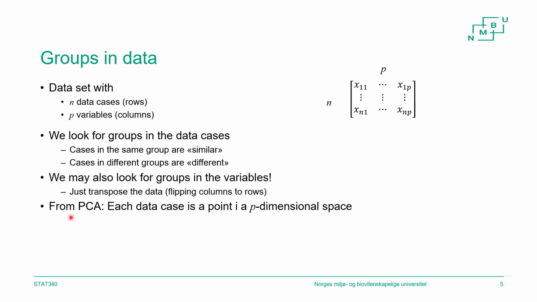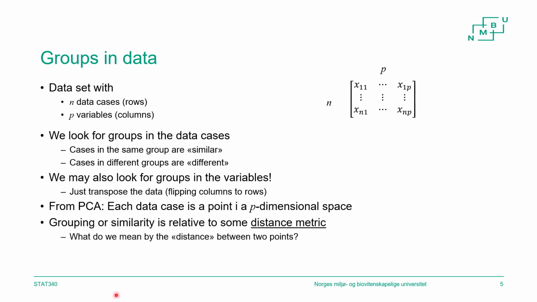We remember when we talked about PCA that each case here, each row here, can now be seen as a point in a p-dimensional space. And why p? Because we have p coordinates, right? p variables. Each number here in a row is a new coordinate along a new axis.